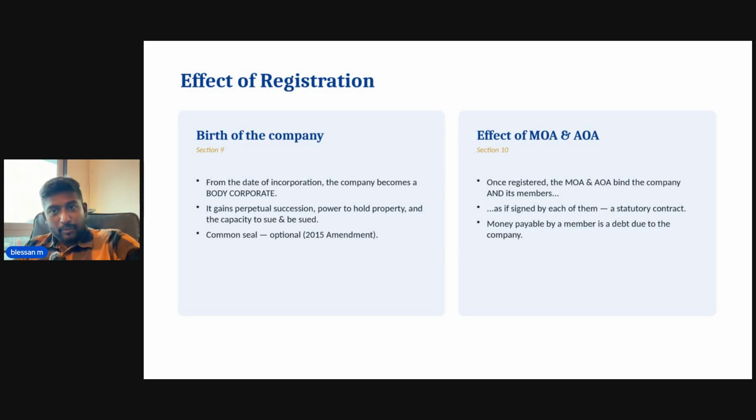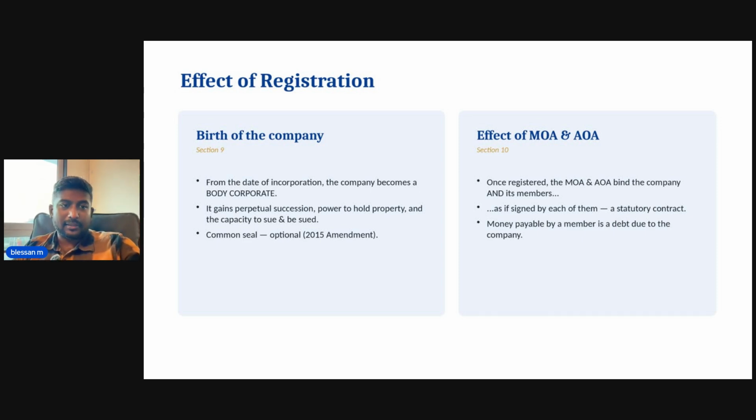Next, the effect of MOA and AOA. Once registered, the MOA and AOA bind the company. So that is very important. Once registered, the MOA and AOA bind the company and its members, as if signed by each of them, and it becomes a statutory contract. It binds all the members, and the money payable by a member is a debt due to the company.